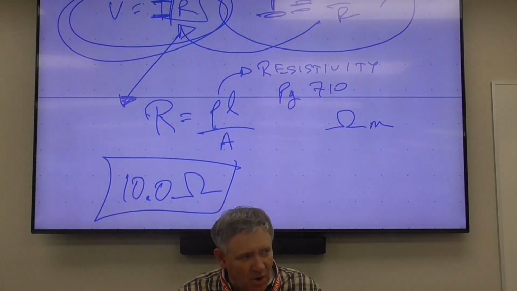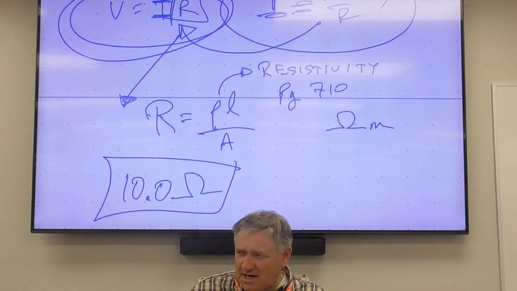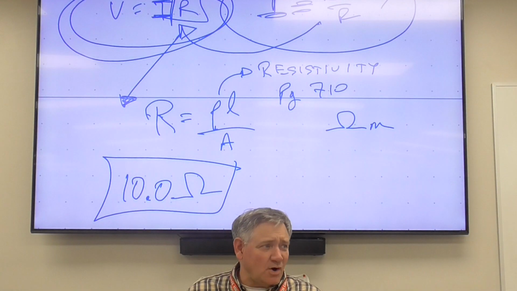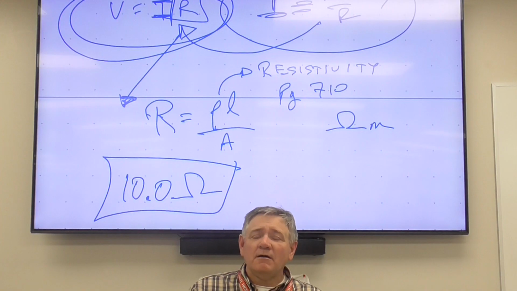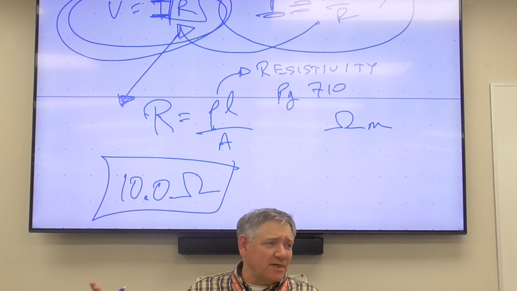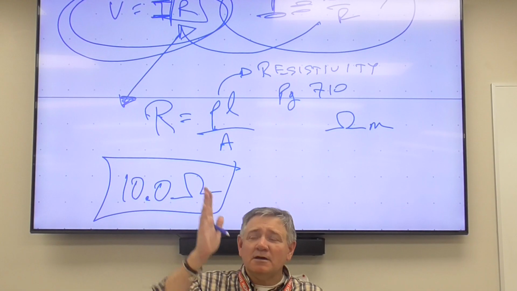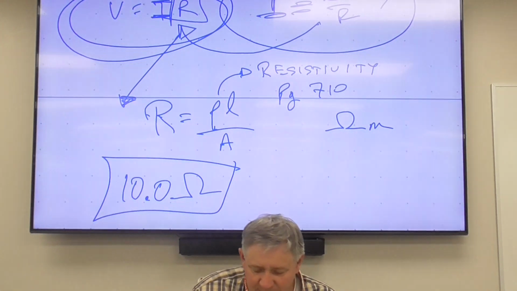Even though it's measured in ohms, it's weird, we don't put an O-H-M. We use a Greek letter on the end of it instead, so it's just weird, but it's the hand that we're dealt.